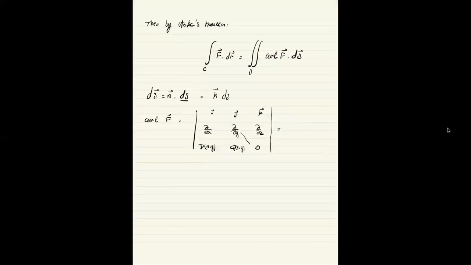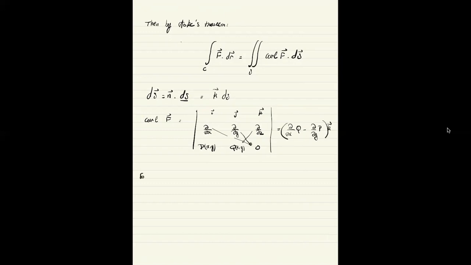So this one gives 0, and this one gives 0. This one gives 0, and this one gives 0. So the only one that is left is dx Q minus dy P k, right?